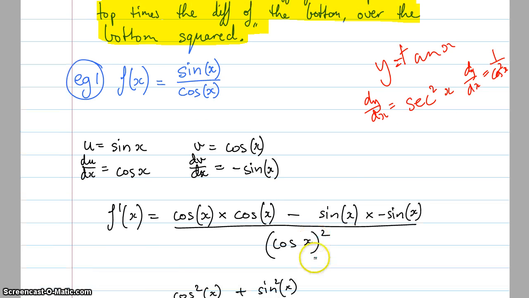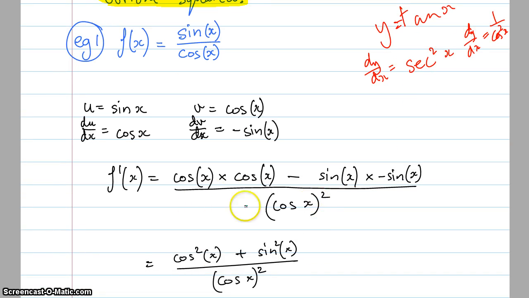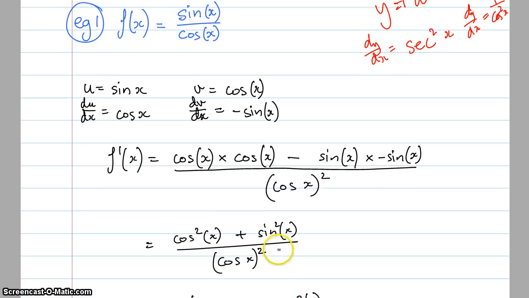So I end up getting cos squared x, I should say cos squared x rather than cos x squared, because people get confused. So cos squared x plus sine squared x, all over cos of x all squared. Those of you who are awake and alert will know that cos squared x plus sine squared x is always equal to 1.